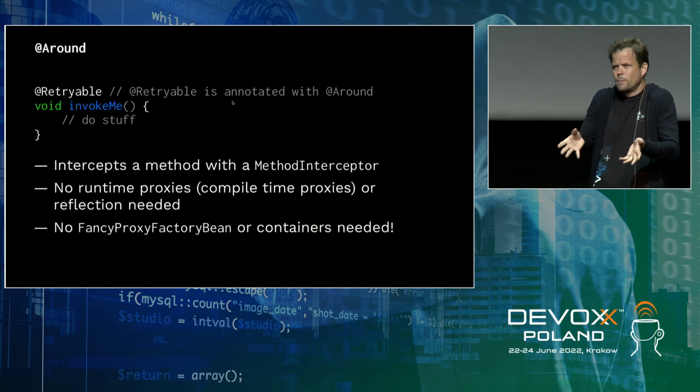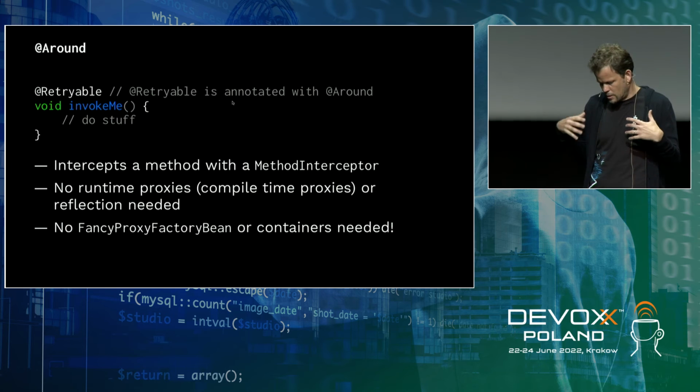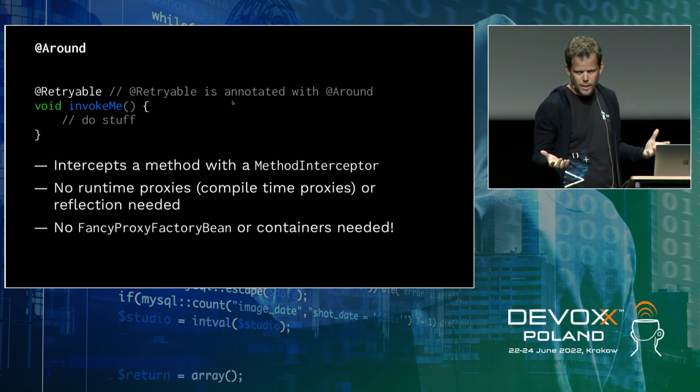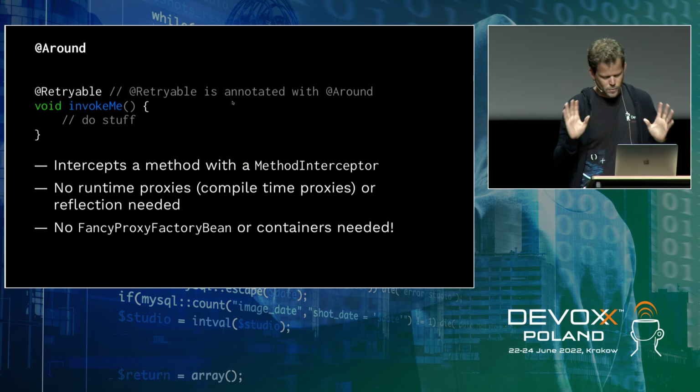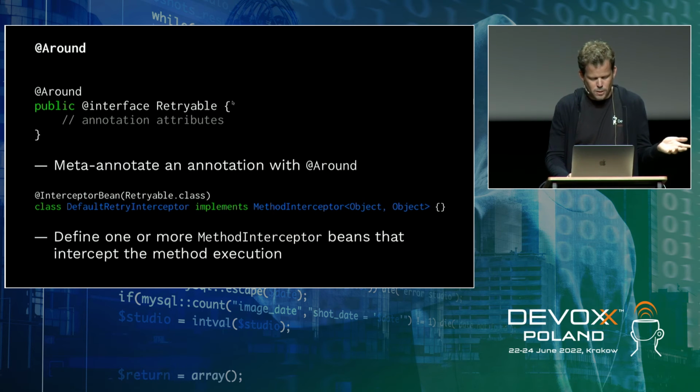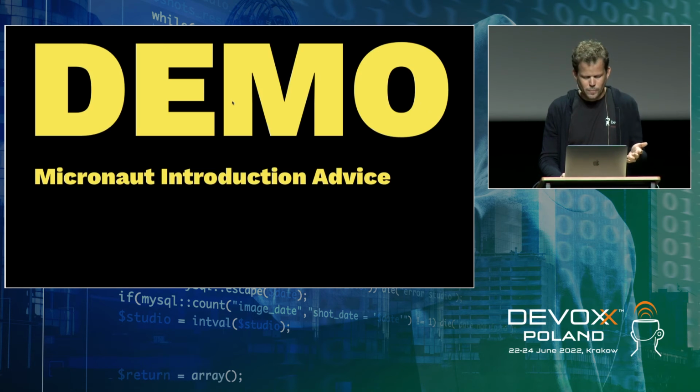There's no runtime infrastructure needed, no fancy proxy factory bean or anything like that. It's really simple. Those are basically the steps: you add an Around annotation, you implement an interceptor bean, and you intercept method execution and do whatever you want.